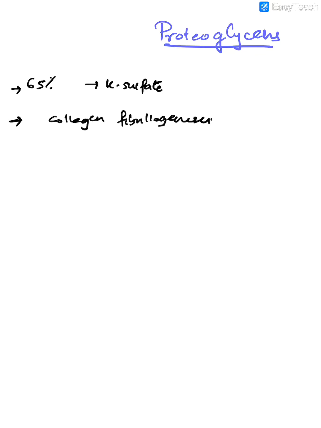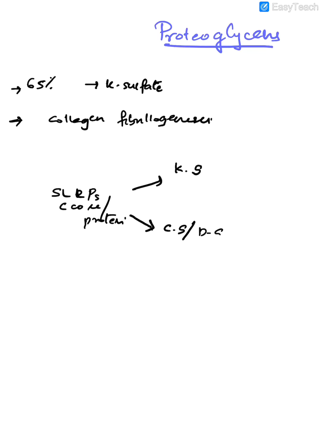Now coming to the core protein, which are small leucine rich proteoglycans. Basically we can divide them into keratan sulfate, chondroitin sulfate or dermatan sulfate core proteins. In keratan sulfate, the core proteins are lumican, keratocan, mimecan or osteoglycin.